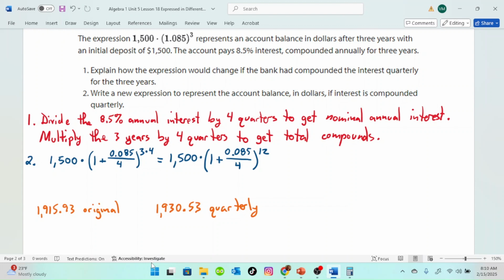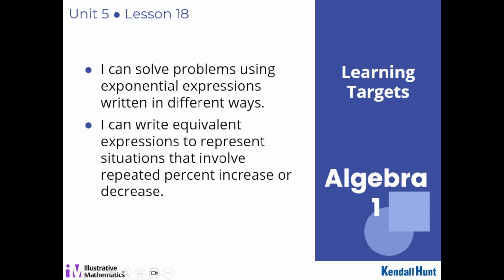Now, before we finish this lesson, let's go back and take a look at the learning targets again, just to make sure you understand everything you needed to. So to finish up, we had 2 learning targets in this lesson. Number 1 says that you can solve problems using exponential expressions written in different ways.